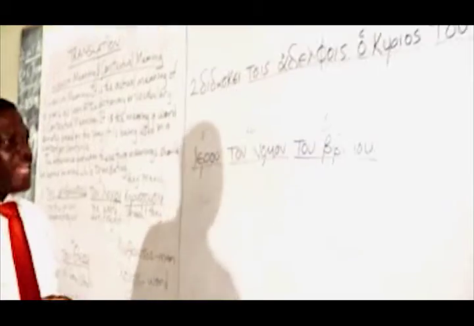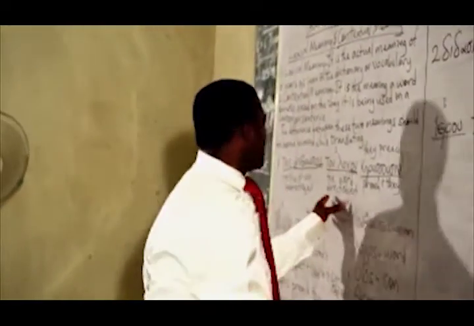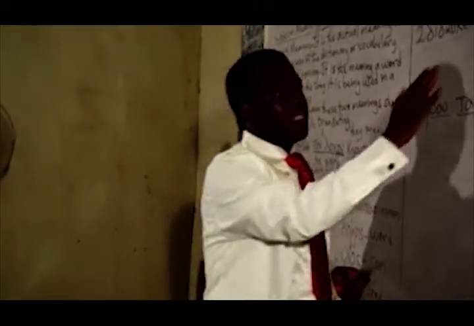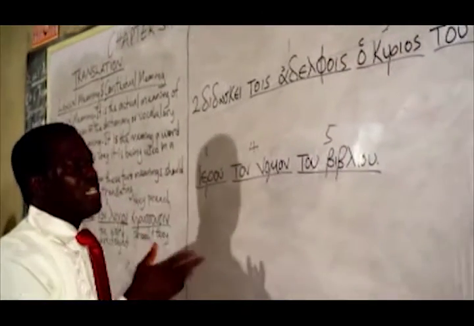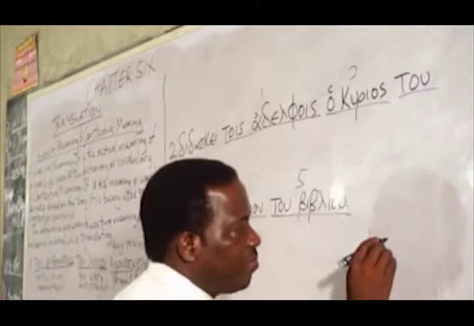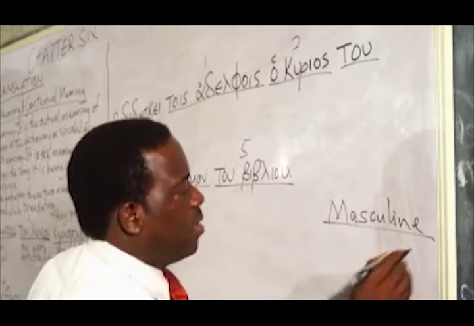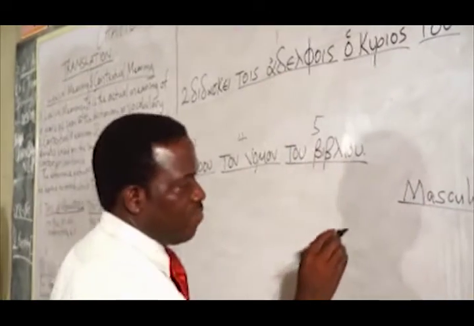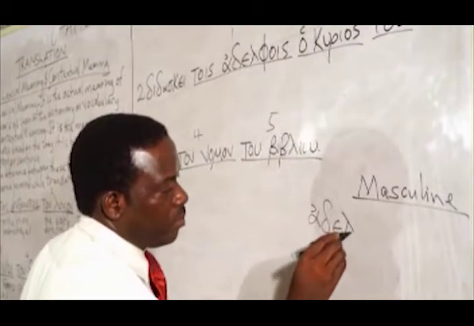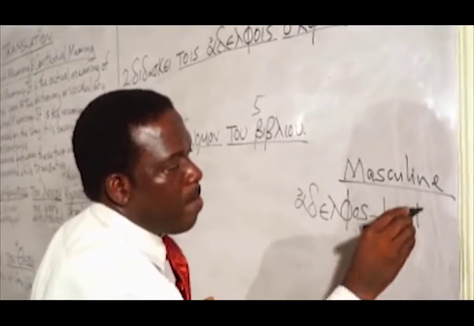Nouns. In the first sentence, all the nouns we translated were masculine nouns. But in this second sentence, we have masculine nouns and neuter nouns of second declension. Masculine nouns: the first one is adelphos, which means brother.